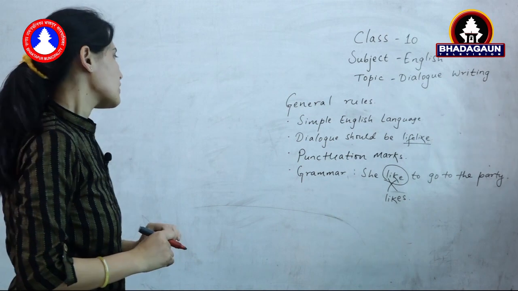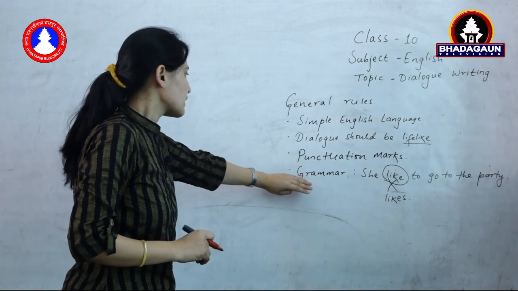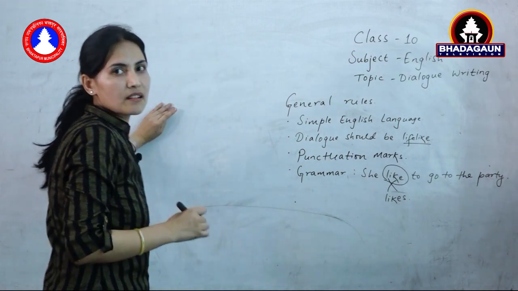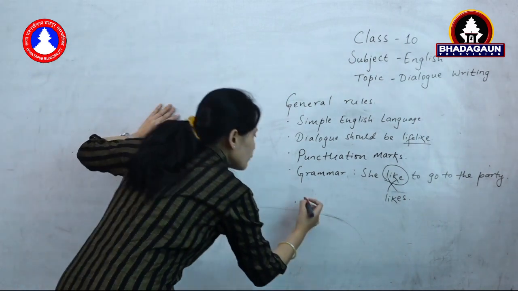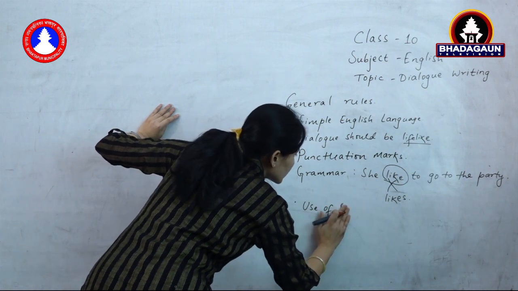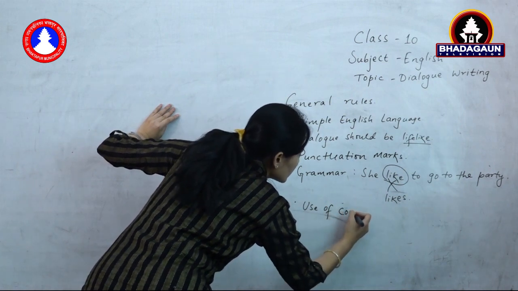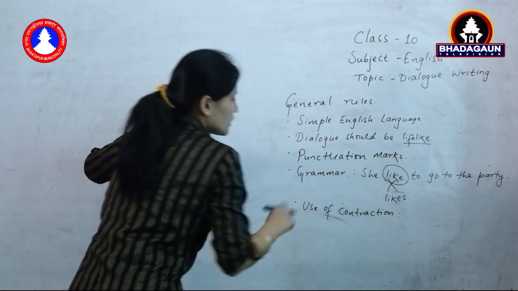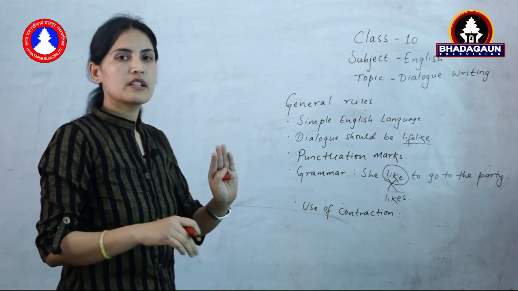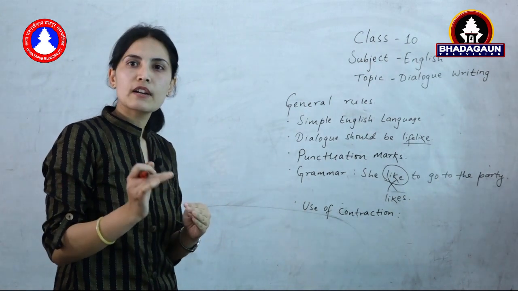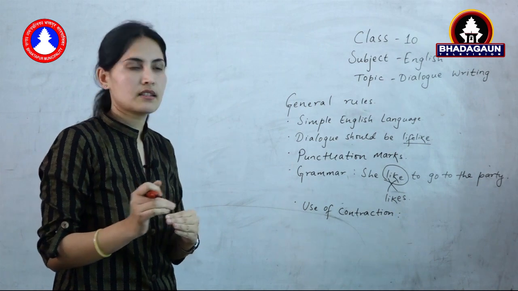All right. So of course punctuation marks will be taken care of, likewise grammar. And the next thing may sound simple to you, but I focus on the use of contraction. Contraction means, for example, instead of writing "do not," make it "don't." Instead of writing "is not," make it "isn't."